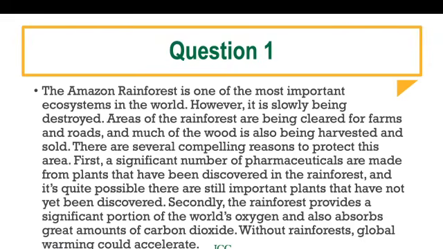First, a significant number of pharmaceuticals are made from plants that have been discovered in the rainforest. And it's quite possible there are still important plants that have not yet been discovered. Secondly, the rainforest provides a significant portion of the world's oxygen and also absorbs great amounts of carbon dioxide. Without rainforests, global warming could accelerate.